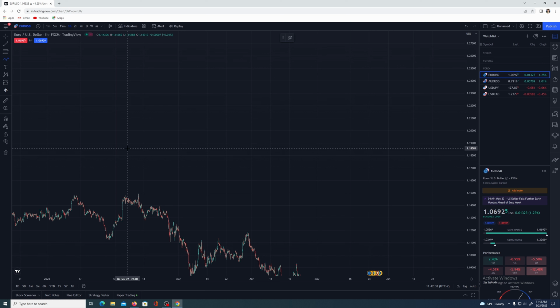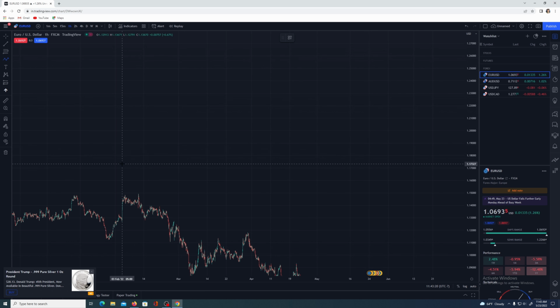So in an uptrend, it's going to be a series of higher highs and higher lows. In a downtrend, it's going to be a series of lower highs and lower lows. And when a market is in consolidation, it's just going to be in a range.